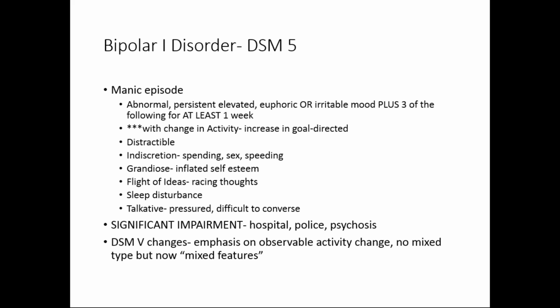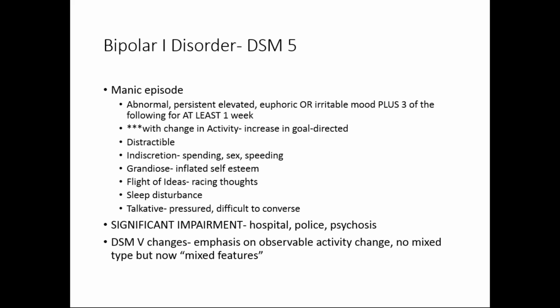They do too much. There's an increase in goal-directed activity. There's more energy than there really ought to be. There is more desire. There is more interest than there should be. This may be reflected as an increase in engaging in activities that are very pleasant, things that hit the nucleus accumbens, things that are pleasurable.